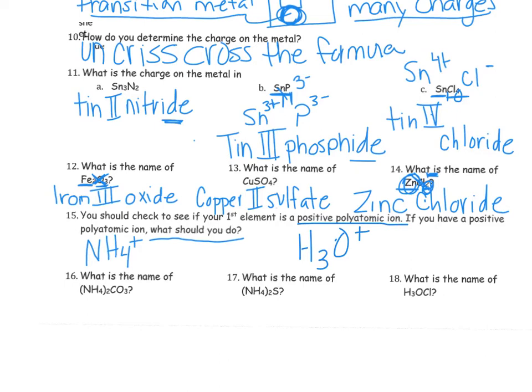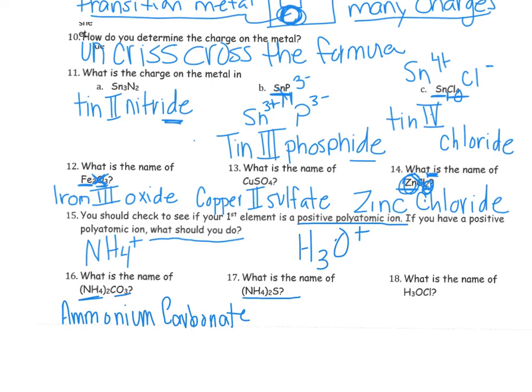I'm going to look at this first one here. So here we have NH4, which is ammonium. And then we have CO3, and if you look on your sheet, CO3 is carbonate. So this guy here is ammonium carbonate. And we'll look at the next one.